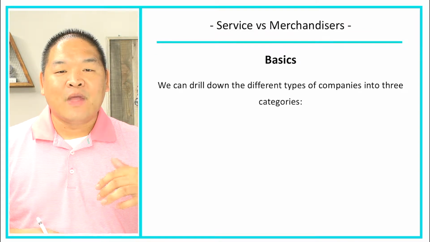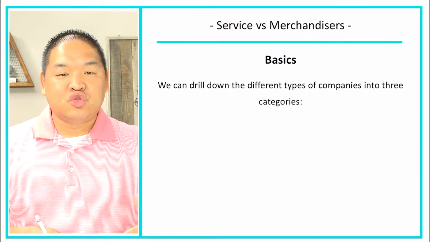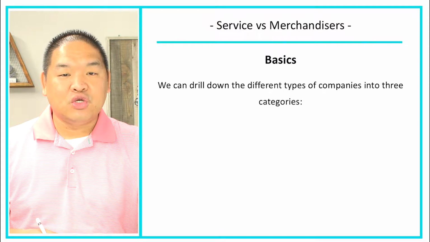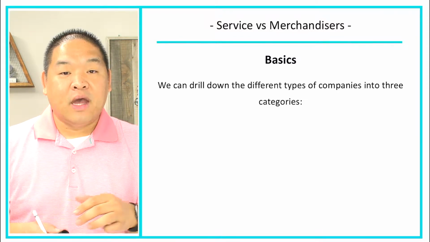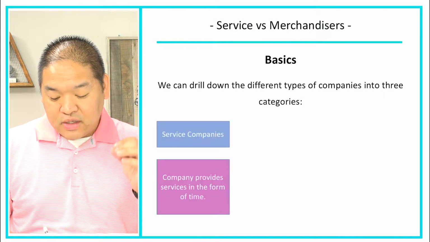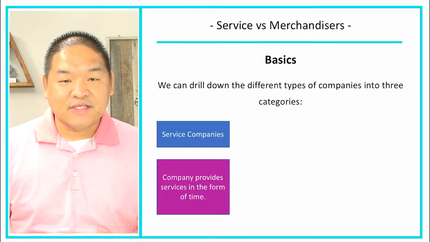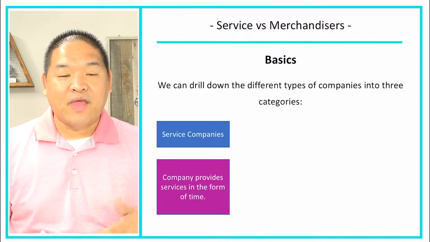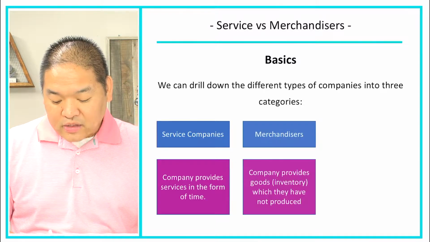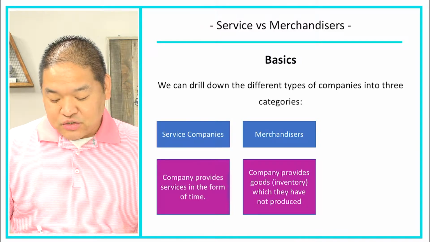So if we were going to take a company, we can put it into one of these categories. And those categories include service companies. These are companies that provide service as a form of how they make money. We also have merchandisers.